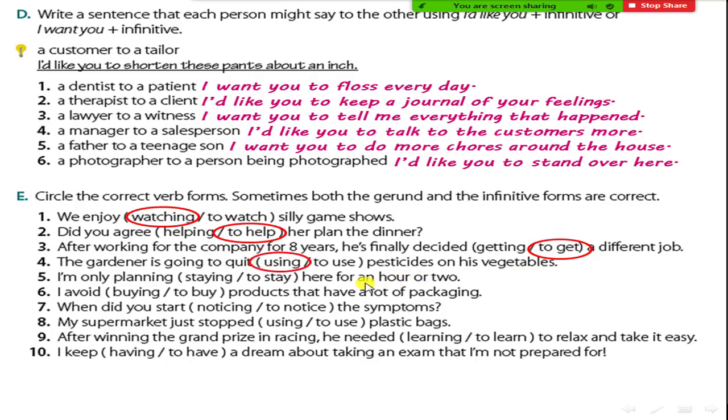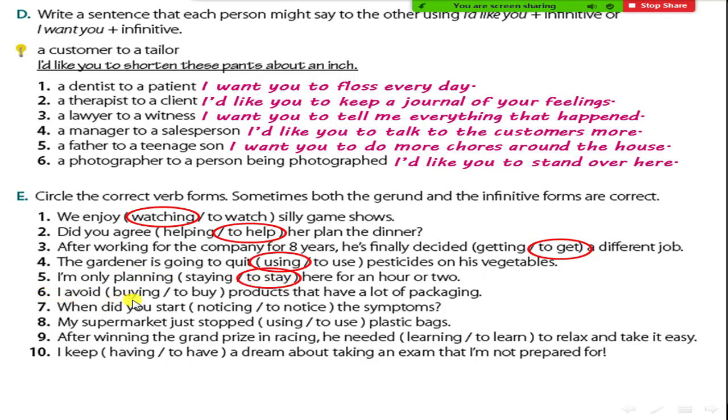Very good, thank you, Haytham. Number 5. I am only planning staying or to stay here for an hour or two. Yes, Muhammad Nasser. To stay, teacher. Yes, planning to stay. After plan, we use the infinitive.